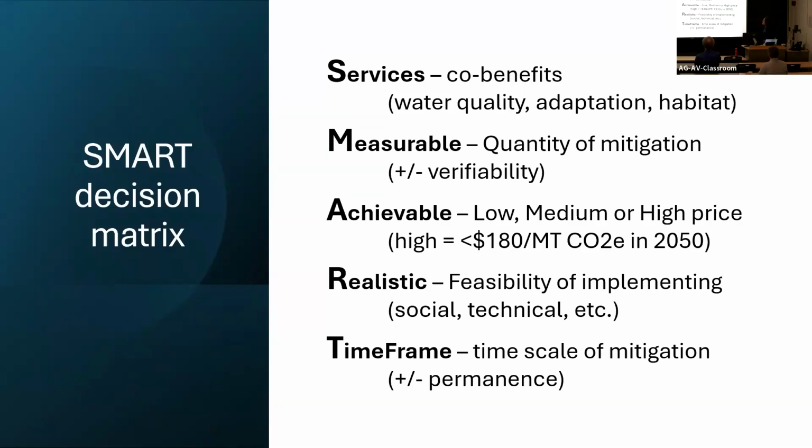Achievable is a low, medium, or high price, where the high price is set at the 2050 social cost of carbon at $180 per metric ton. Realistic is how feasible is it to implement, both in terms of social, technical, right, cultural concepts. And the time frame is the time scale of the mitigation, with reference also to the permanence of that mitigation.